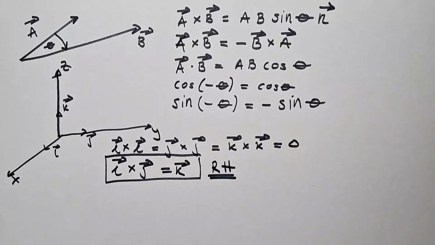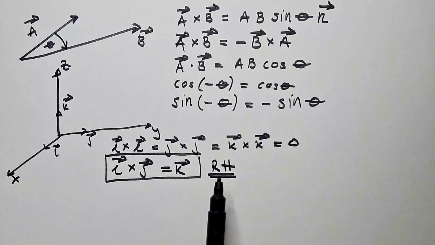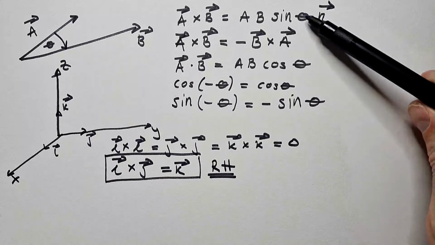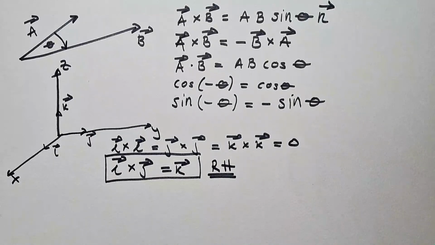In my video on Cartesian coordinates, I described what right-handed coordinate system means, but without invoking this relationship, because back then I assumed we do not know cross product. So I explained it in a different way. But now when we know cross product, this is the official definition of right-handed coordinate system.